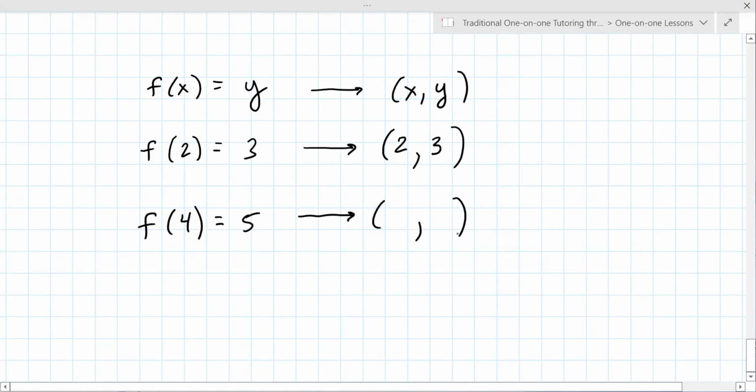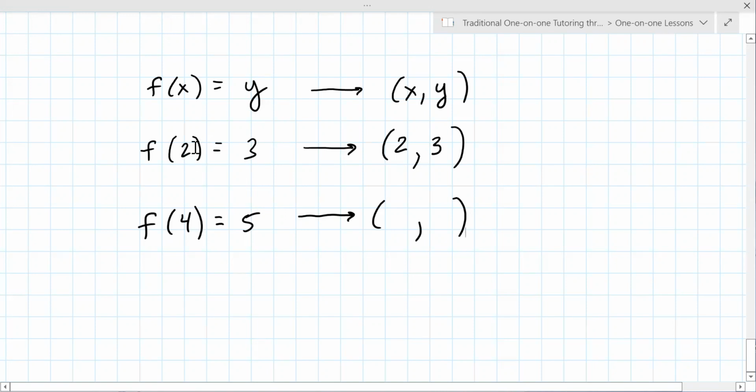What's x and what's y? X is 2 and y is... Oh, okay. Y is 4 and 5 is x. Look at the previous one here.